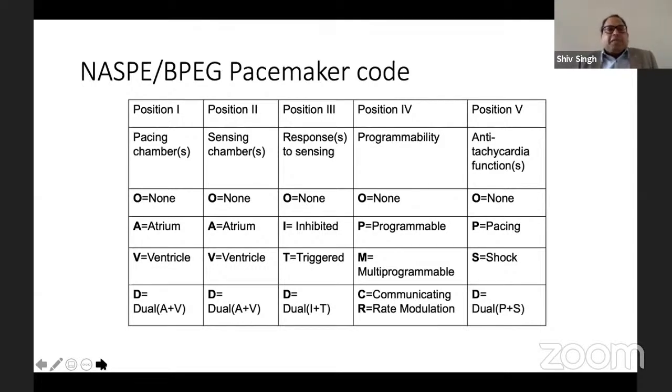O is none, A is for atrium, I is for inhibited, P for programmable, P for pacing as well. V is for ventricle, T for trigger, D for dual. M is for multi-programmable, C is for communicating, R is for rate modulation, S is for shock, and D is for dual, that is for pacing and shock. So patients can present with various kinds of pacemaker units.